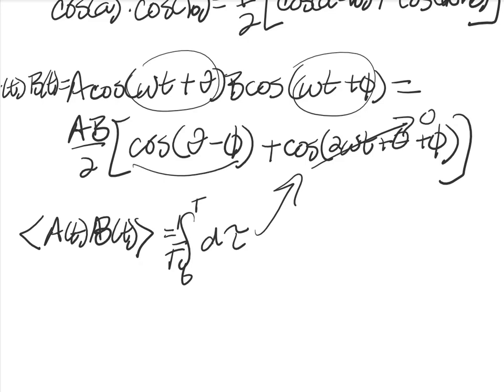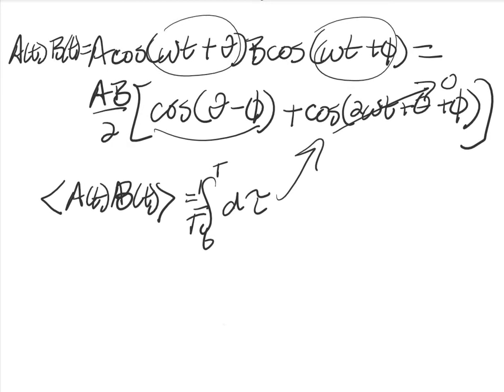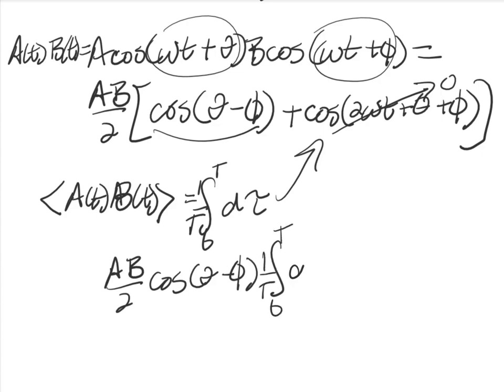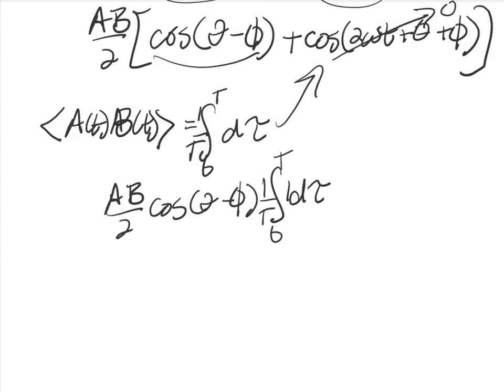This is a constant, so it comes out of the integral, and you're left with AB over 2 cosine of theta minus phi times 1 over T, integral 0 to T d tau of 1.